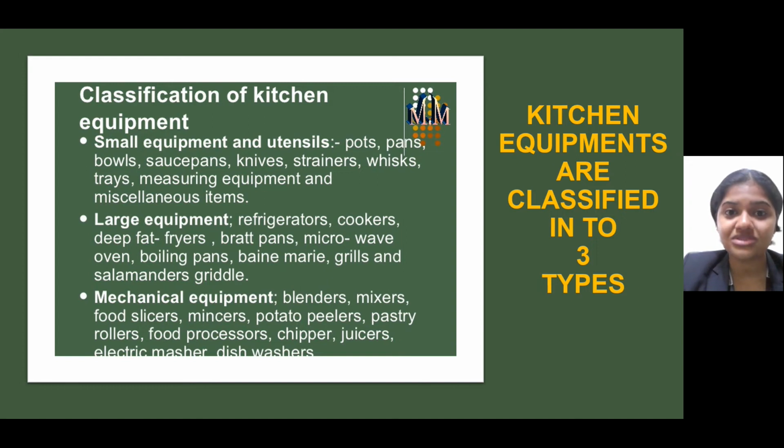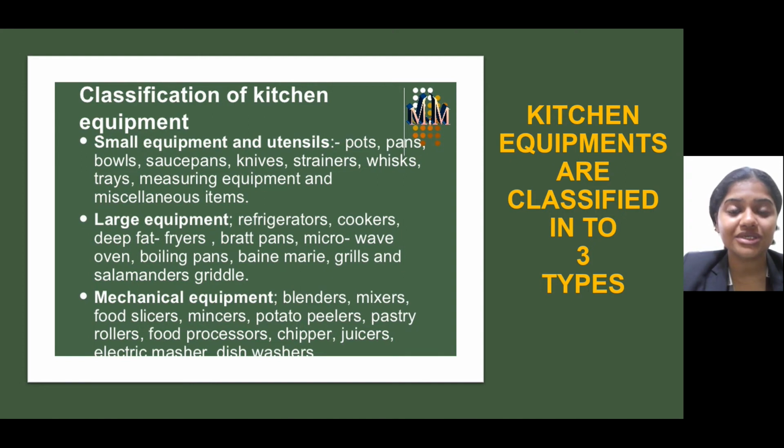These are equipments that require electric current for their operation. For example, we have the peeler, the dough sheeter, the dough mixer, and the dishwashers. These are connected to electricity. So these are the classifications of equipments.